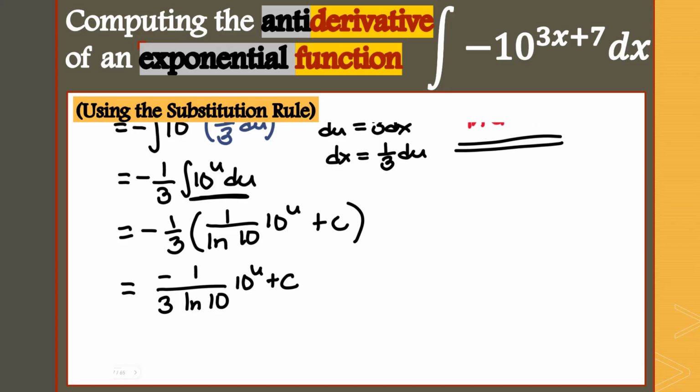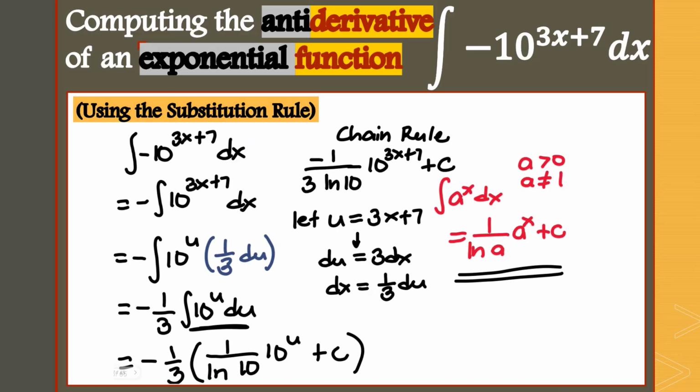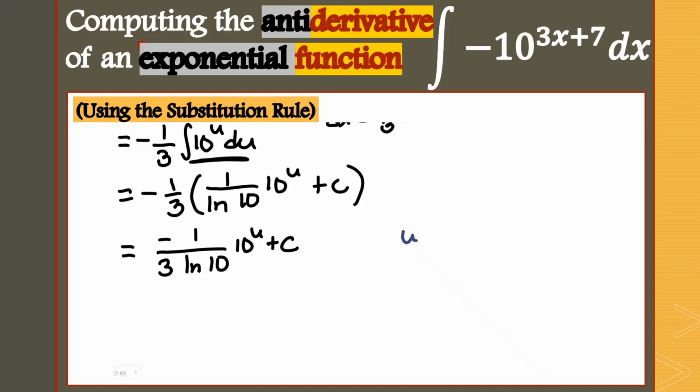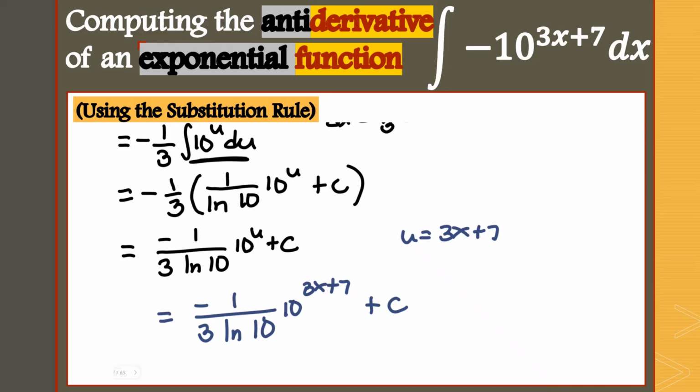Take note that u is not originally given, but u is expressed as the binomial expression earlier. So returning to that, when u is 3x plus 7, the original item, you will have the result of negative 1 over 3 times the natural logarithm of 10 times 10 to the power of 3x plus 7 plus c. Yes, this is now the final result for our item.